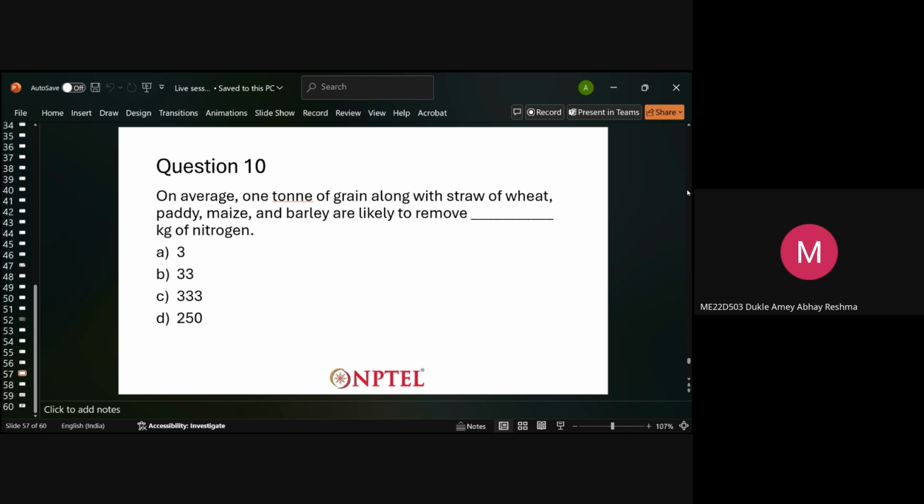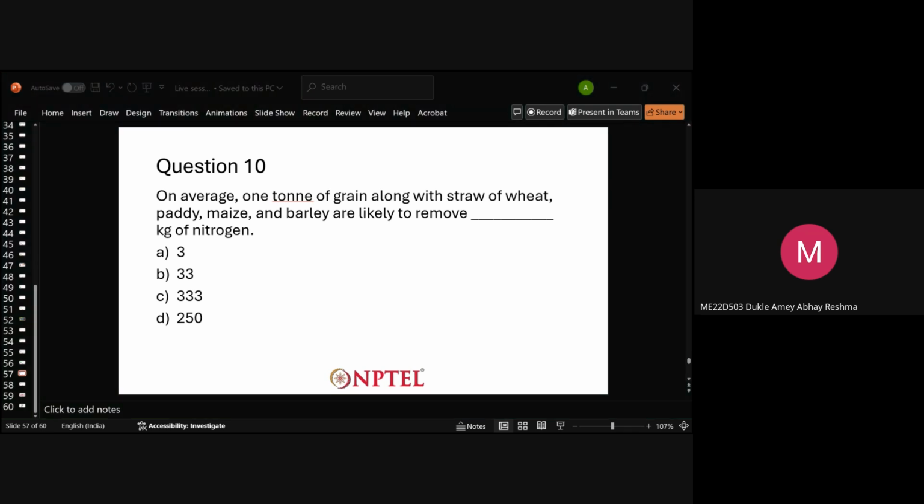The next question is, on an average, 1 ton of grain with a straw of wheat, paddy, maize, and barley is likely to remove dash kg of nitrogen. The options are 333, 333, 333, 250. These questions are basically ones where you have to go through the class notes, or search Google for your answer.